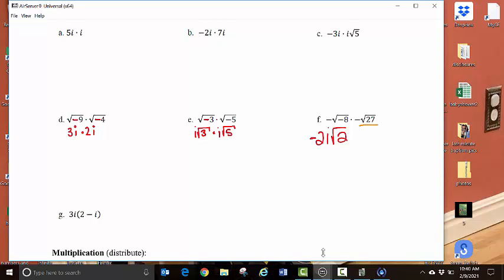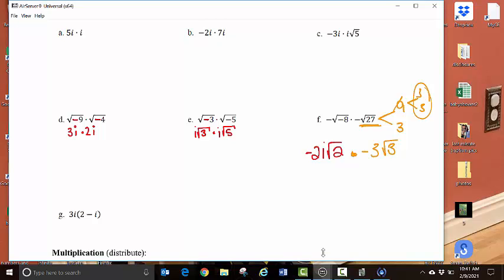And this one, the square root of 27, is 3 times 9 and 3 times 3, so it's going to be negative 3, the square root of 3. At this point, I'm just skipping making the trees. So that's the first step. Write everything with i's.